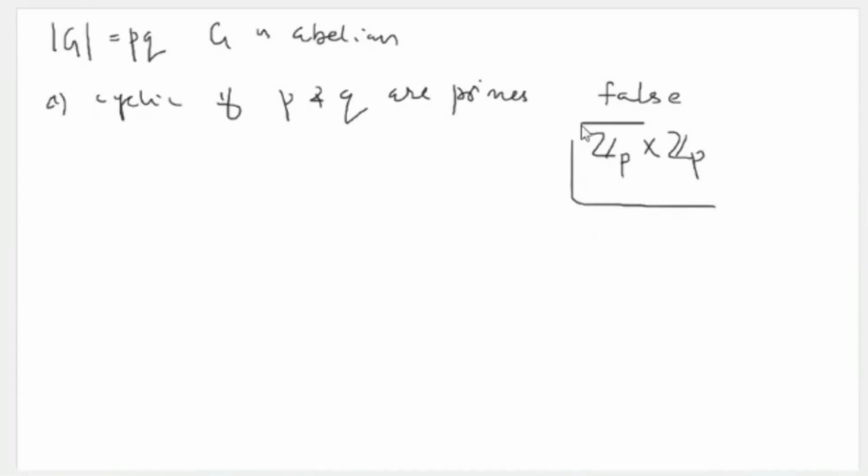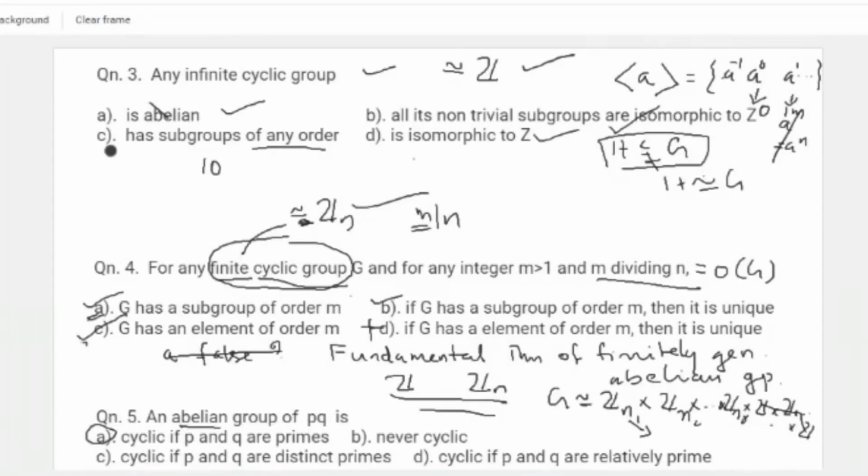This example will do the purpose. It only says the product is pq and p and q are primes. If p and q are the same, it can be either Zp squared or Zp times Zp, because we are considering abelian groups. But this is not cyclic. So option A is false.